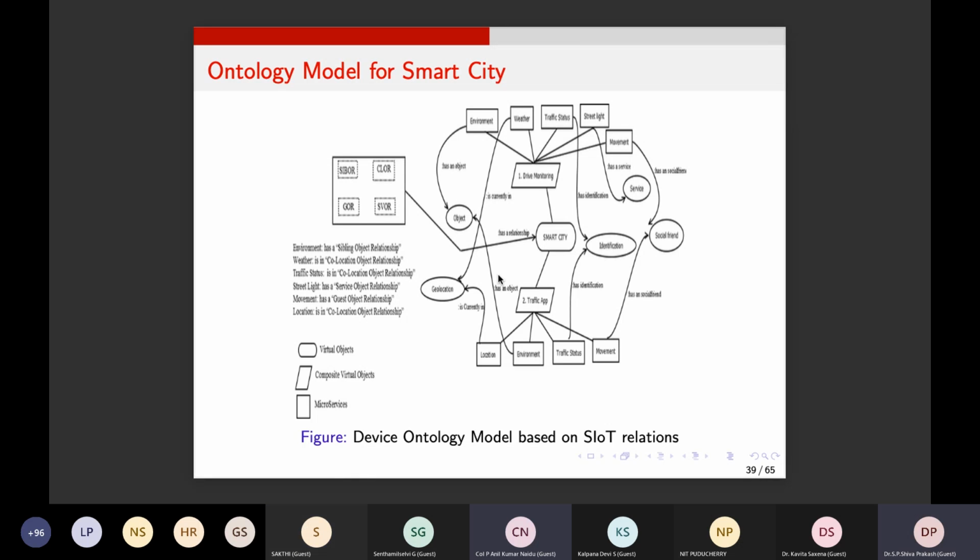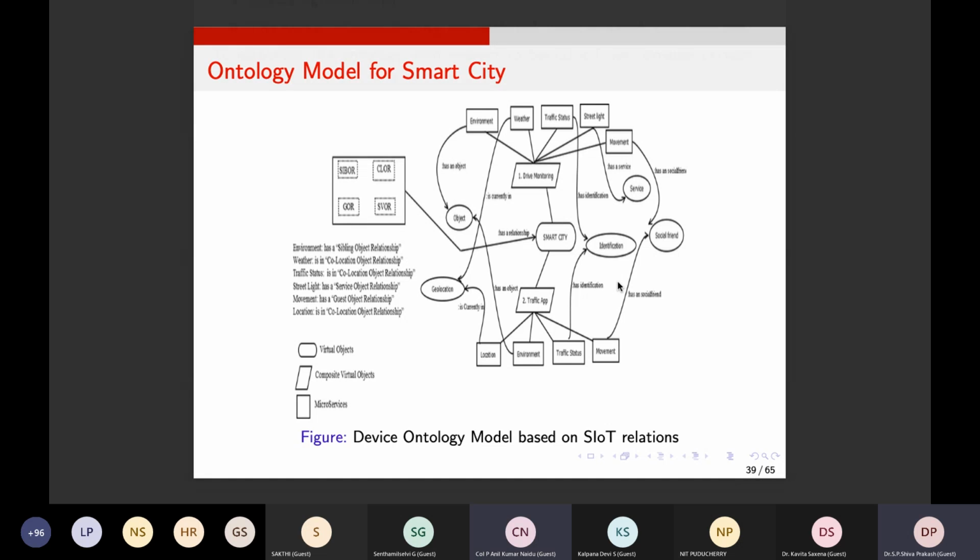These microservices are a set of sensors. If you look into this, there is a traffic app. The traffic app has a location, an environment, a traffic status, and also movement. All of these, the location, the environment, the traffic status, and the movement, provide microservices to this particular traffic app.